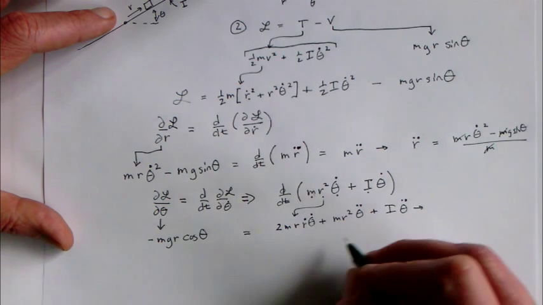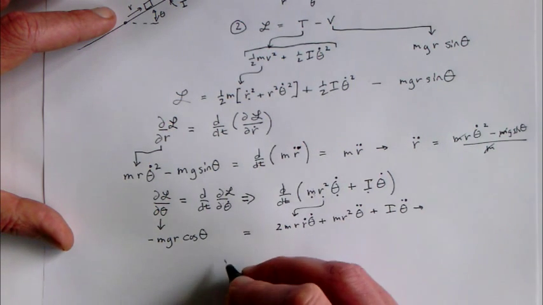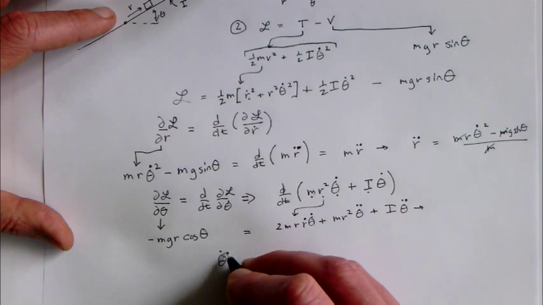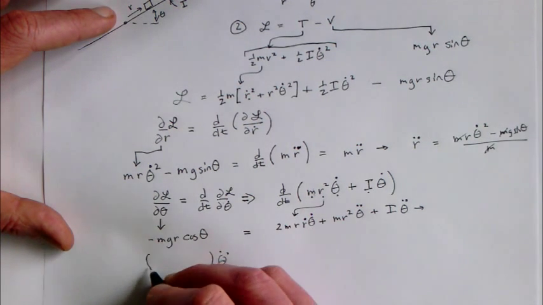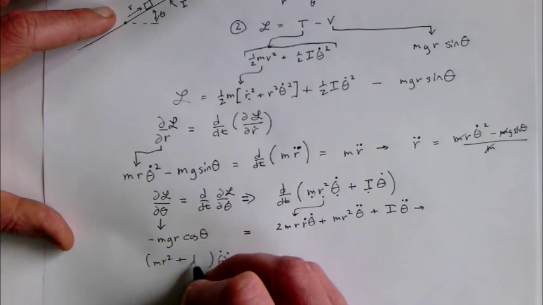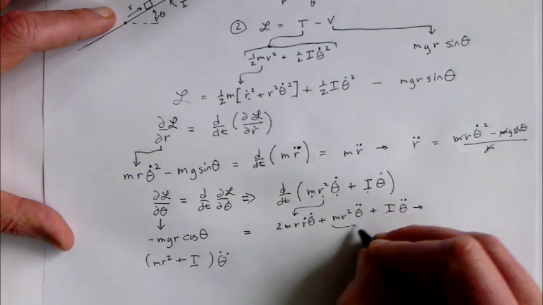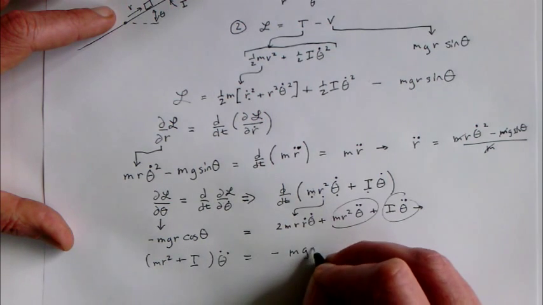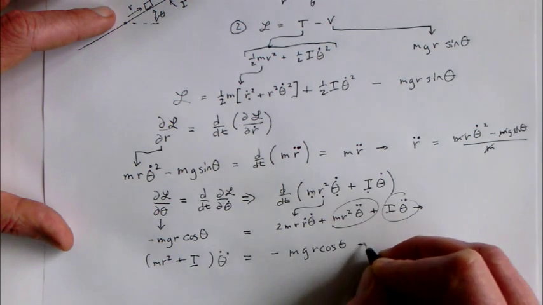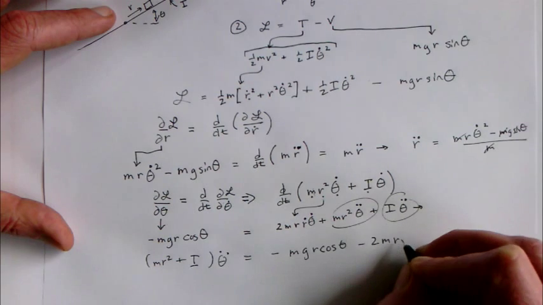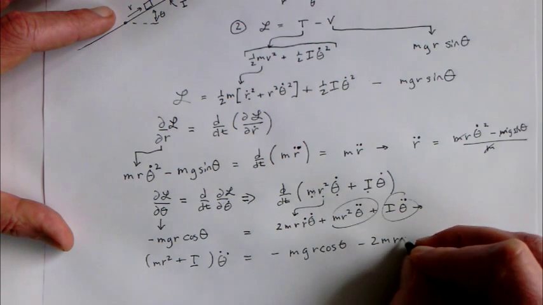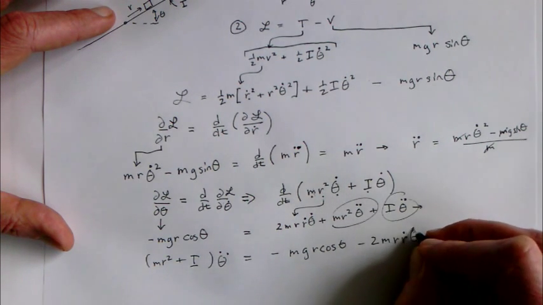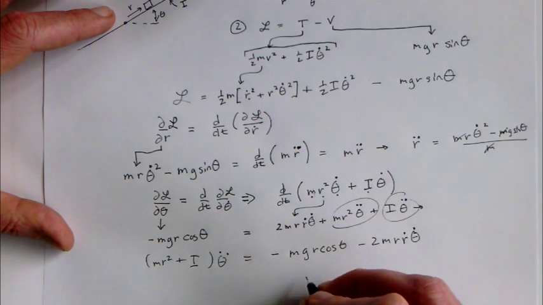On the other hand, if I actually figure out what theta double dot is, right? Theta double dot times mr squared plus I, right? So I've collected this and collected this, and it is equal to minus mgr cosine theta minus 2mr times r dot times theta dot, right?